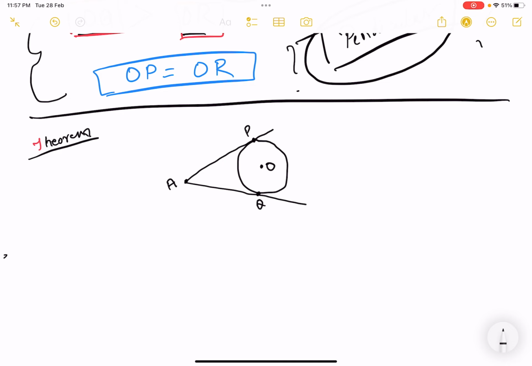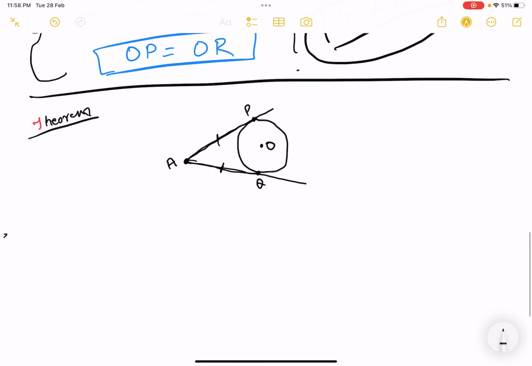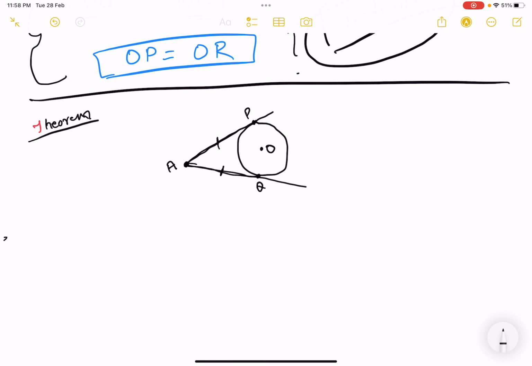Then the second theorem says that the length of tangent. What is the length of the tangent? This length, AP and AQ, is the length of tangent. So the theorem says that the lengths of tangents drawn from an external point to a circle are equal, which means that this and this are equal. So let's write the theorem.